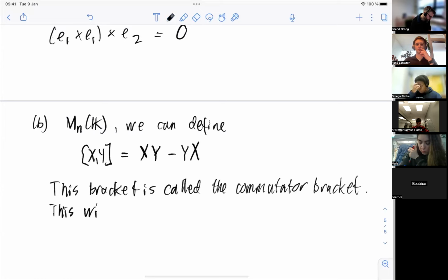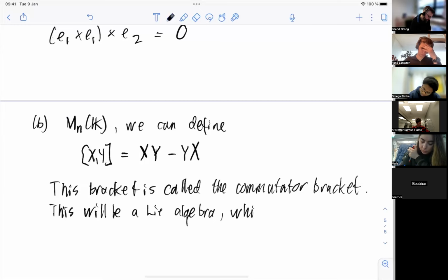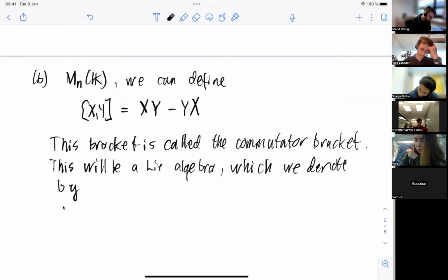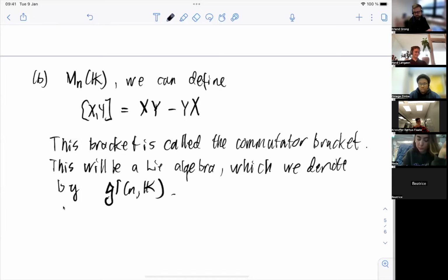This will be a Lie algebra, which we denote by the very suggestive name of small g, l, n, K. So gl_n(K) is all n times n matrices with this commutator bracket. And we'll see later how that relates to the other GL with large letters.